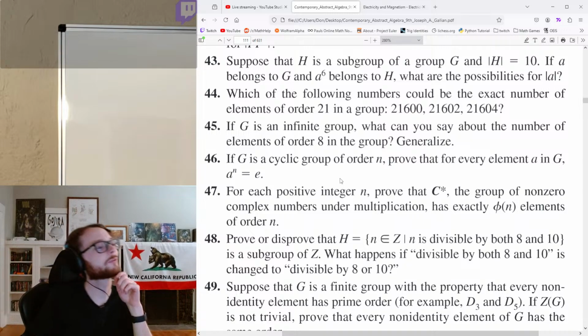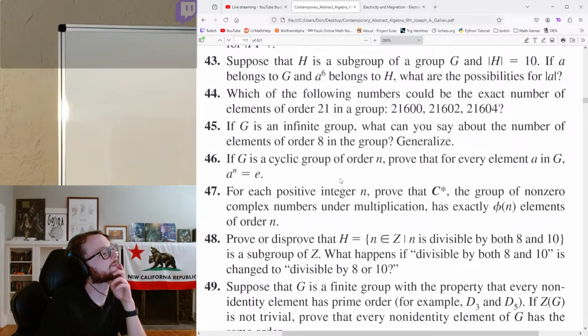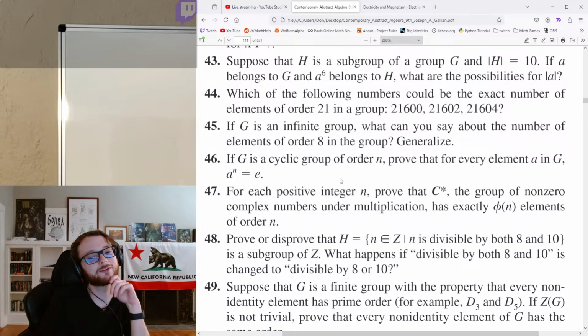What is the order of 1 plus i then? Is there a way that you could work this out? You know what? I bet... Oh, I think the point is, well, no. What is the point?